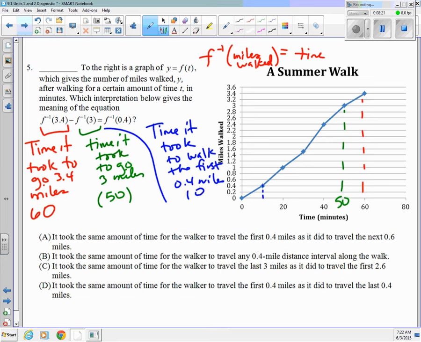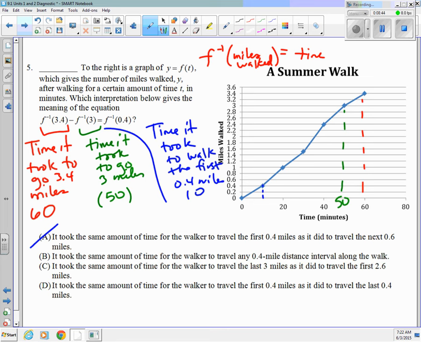So choice A, it took the same amount of time for the walker to travel the first 0.4 miles as it did to travel the next 0.6 miles. This really has nothing to do with the next 0.6 miles after the 0.4 miles. So that's out. Choice B, it took the same amount of time for the walker to travel any 0.4 mile distance interval along the walk.